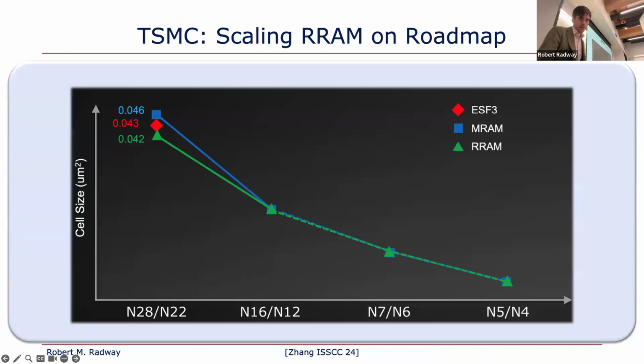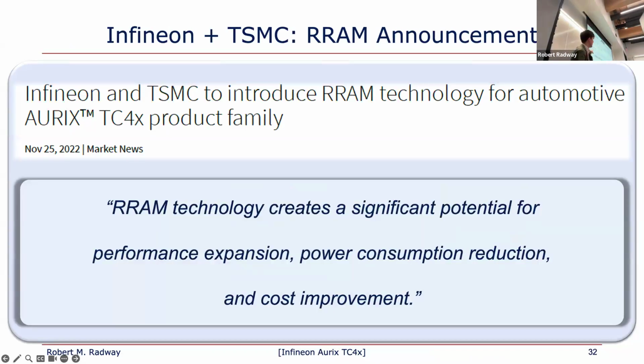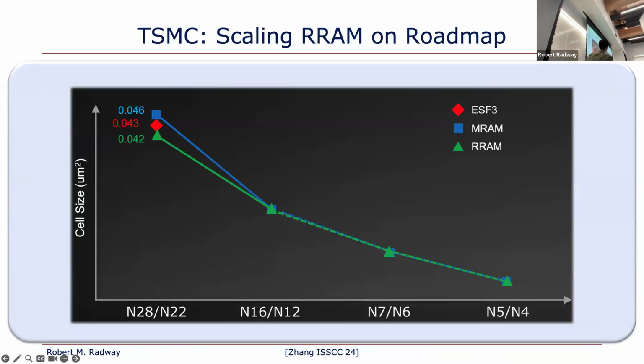So someone asked about scalability. I think it's really interesting. This was last year, but basically after all of our work, we are actually seeing industry buy-in. Infineon has a whole line of RRAM products now for their automotive microcontrollers, and TSMC has actually invested.